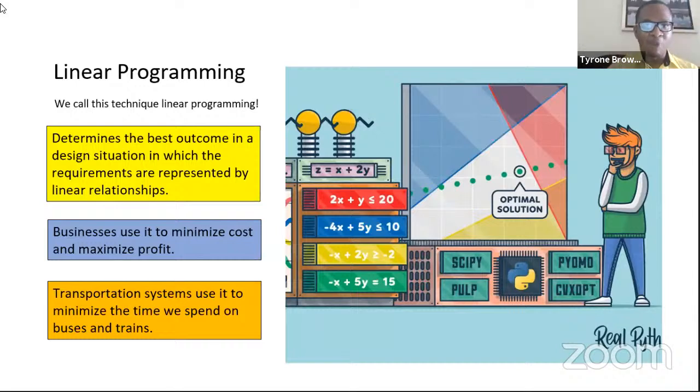Those requirements or your restrictions, right? Those are the linear relationships we are talking about. So we want to identify the best outcome given all the restrictions and all the stipulations and all the conditions that we would have had, right?